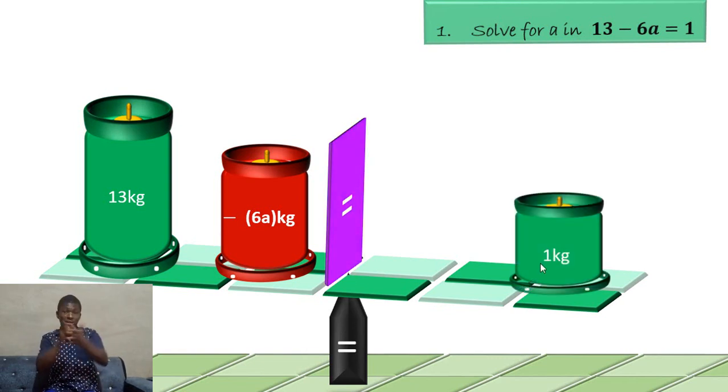And on this side, let's have a 1 kg cooking cylinder. So this system is telling us that when you subtract this from 13, you have 1 kg, and that keeps it balanced.